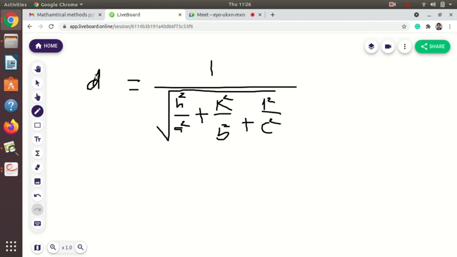So what is this? This is the interplanar spacing, and hkl are the Miller indices. a, b, c are lattice parameters. For cubic structure, a is equal to b is equal to c. So we can write this as a square.